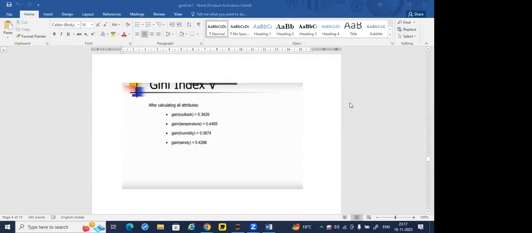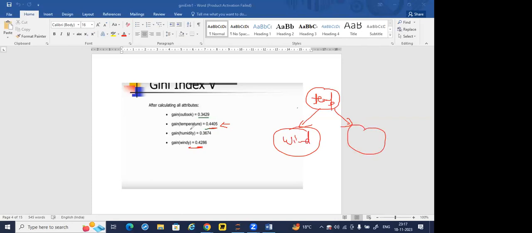You can see outlook, temperature, and so on. In this case the highest one is temperature basically. The highest Gini index is 0.44. So temperature will be the root node. And then windy, this is 0.42. Wind is there, and then next humidity is there.